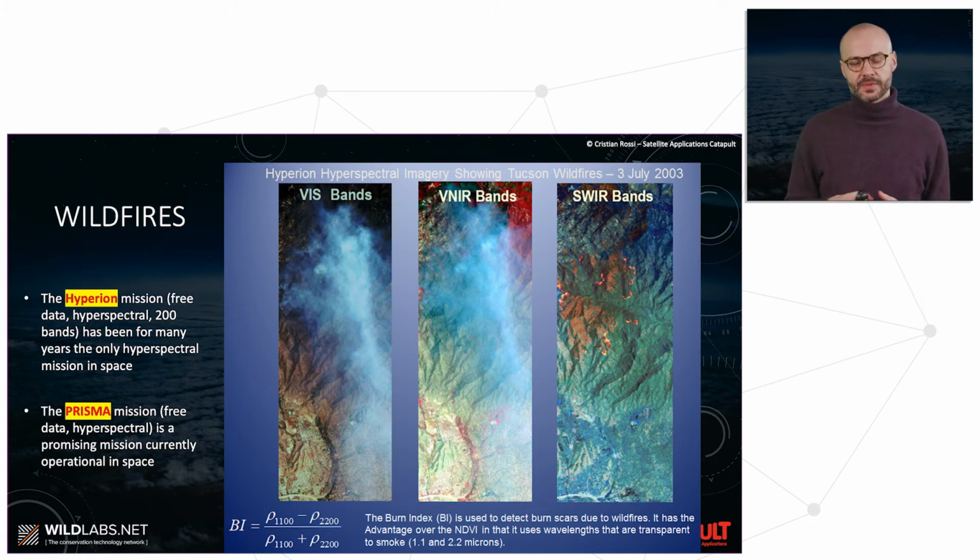So Hyperion has been a mission that has been there for many years, since the early 2000s, and for many years that was the only hyperspectral mission. Now there are several more, and one is mentioned there. It's called PRISMA. It's from the Italian Space Agency, and it's also a promising one.